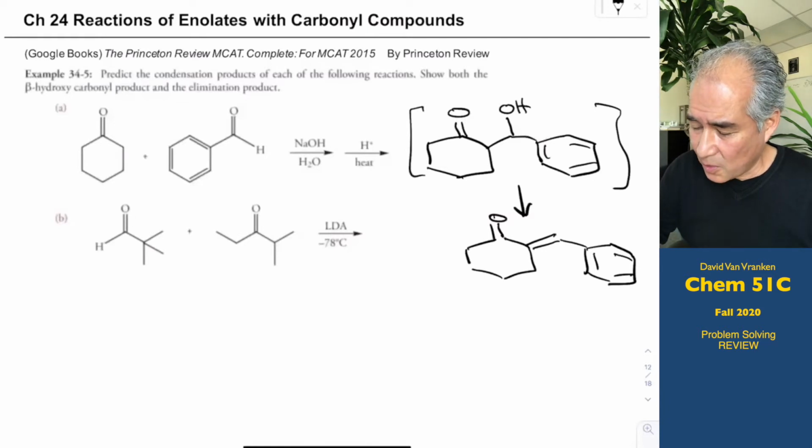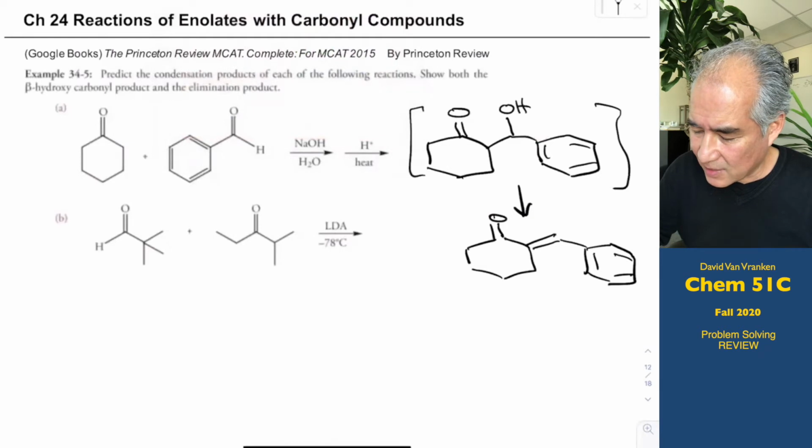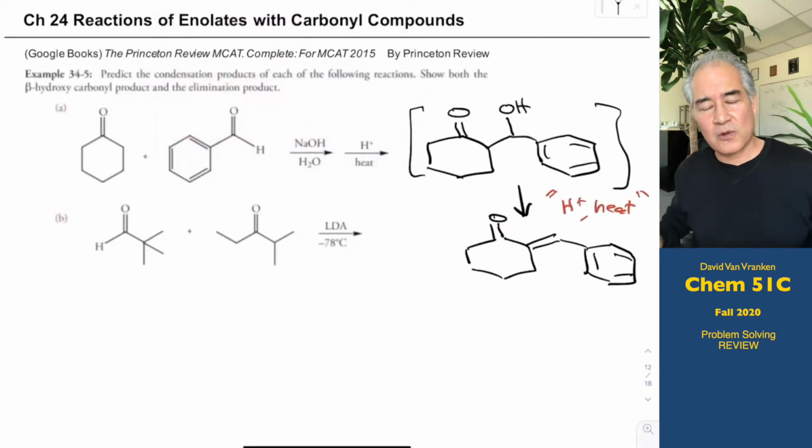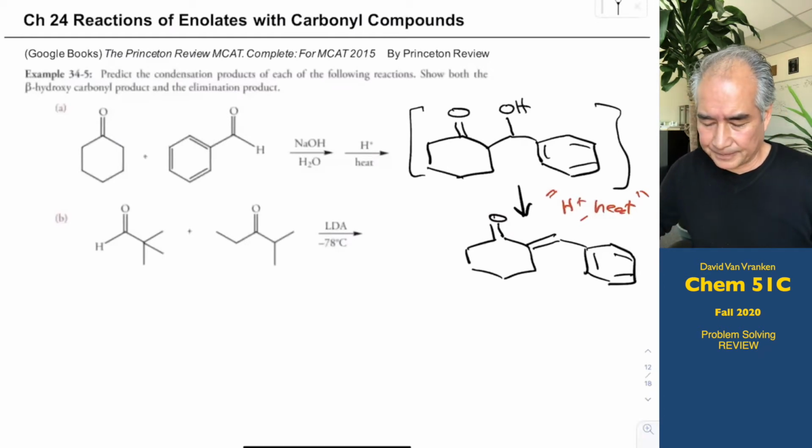So according to the question, the way they phrased it here, they're implying that you need H plus and heat to effect the elimination. But again, I gave you a specific rule for our course where I told you that if you have an opportunity for conjugation, the elimination of water will be spontaneous under the conditions of the aldol reaction.